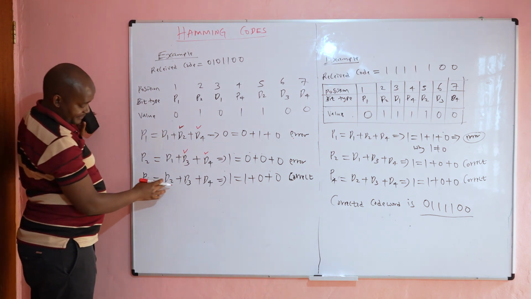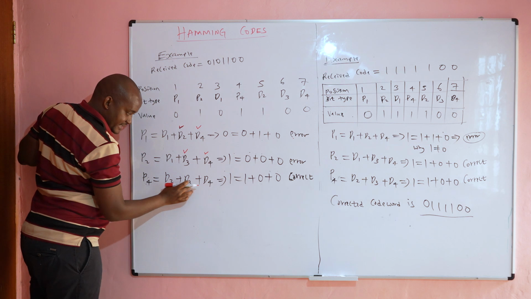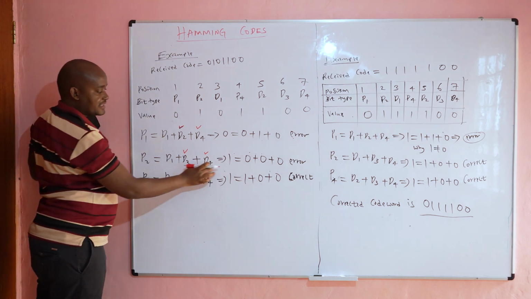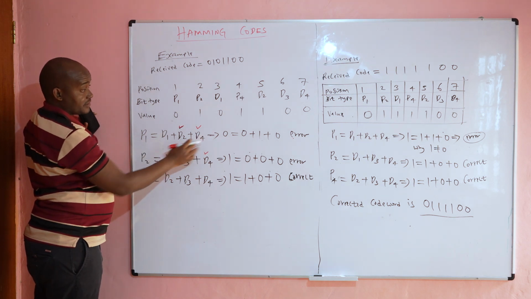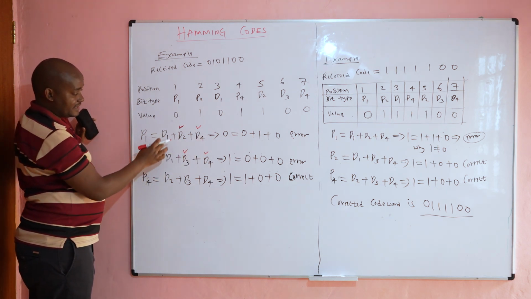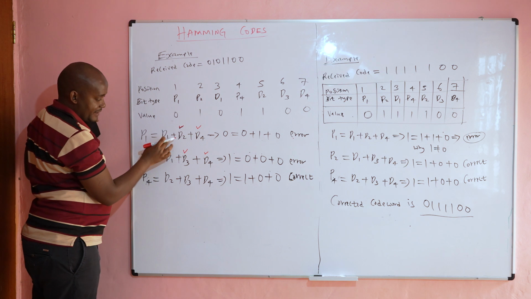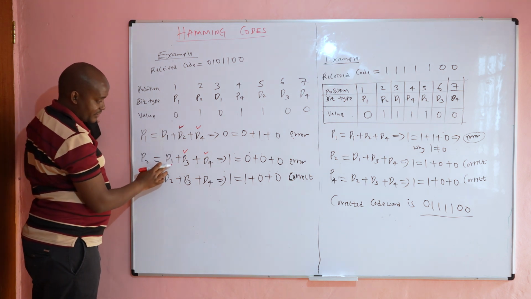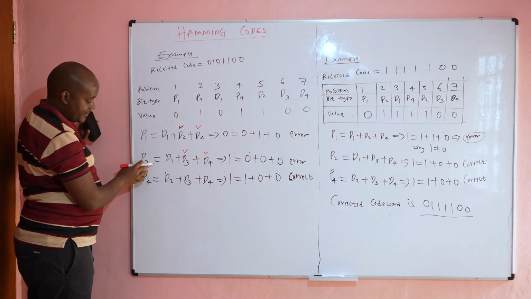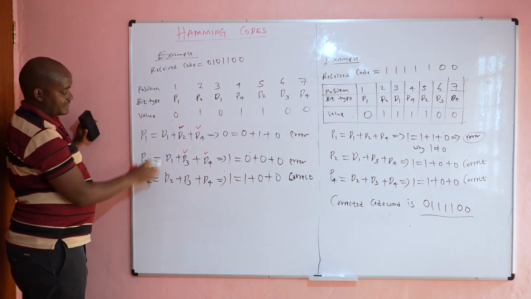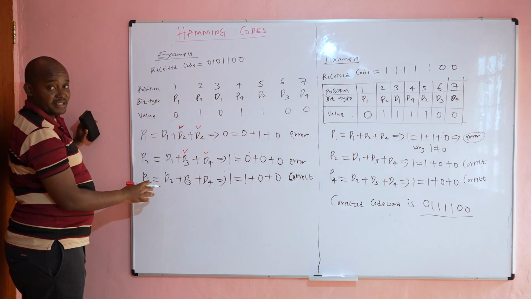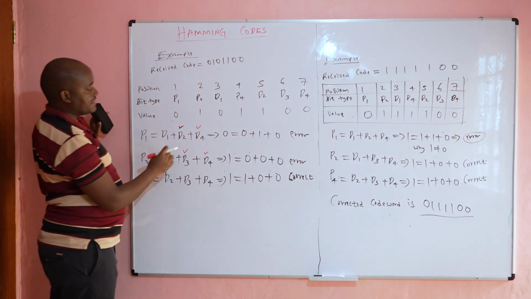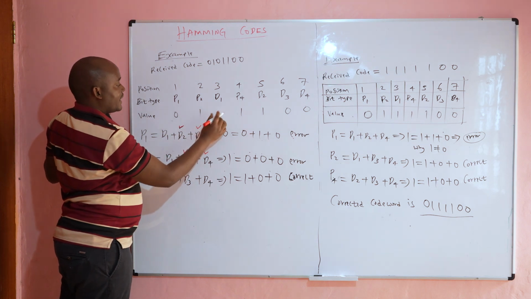I repeat, if D2, D3, D4 are correct here, they are also correct in this equation and this equation. So in the first equation, the problem is either in D1 or P1. In the second equation, the problem is either in D1 or P2. You can see that in either way the two have D1 in common. So the common problem is D1.